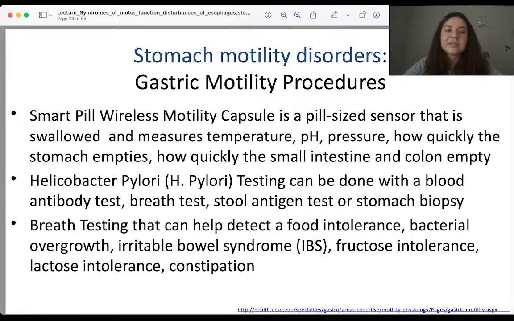It can be done with a blood antibody test, with a breath test, stool antigen test, or stomach biopsy. In all these variants, H. pylori testing can be done. Breath testing can help detect a food intolerance, bacterial overgrowth, irritable bowel syndrome, fructose intolerance, lactose intolerance, and constipation.